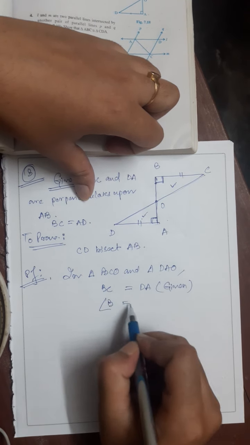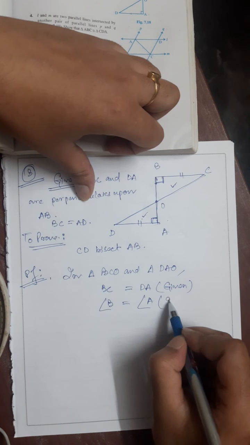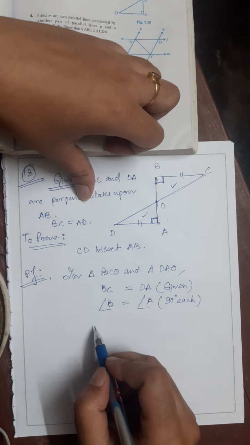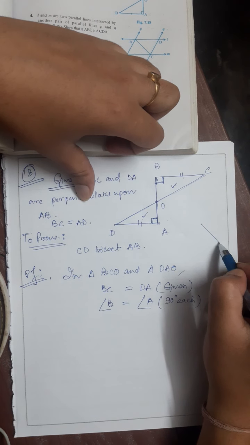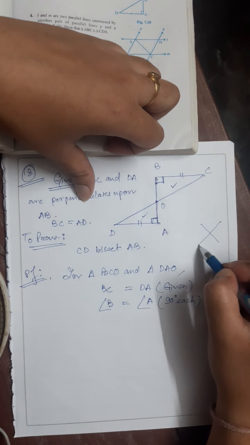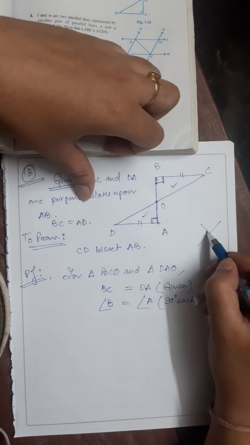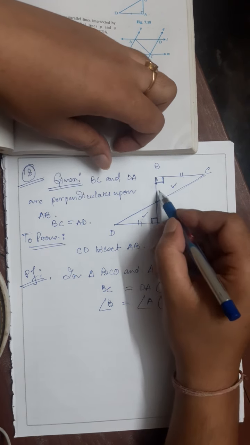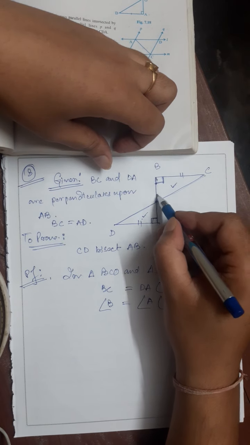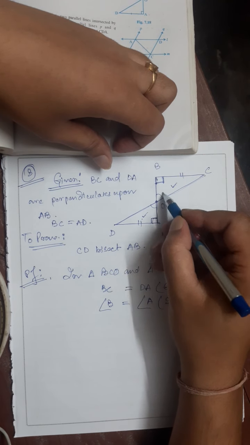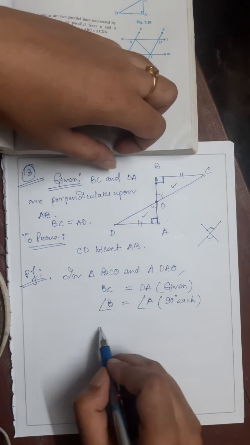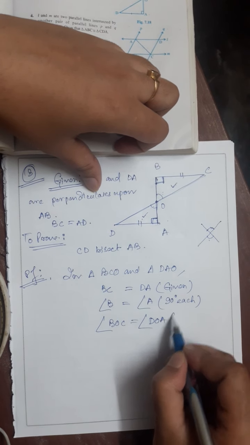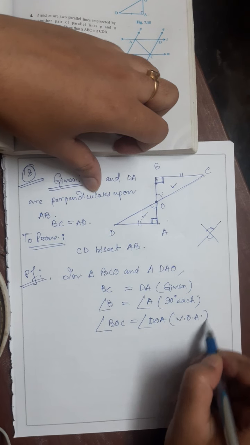So angle B is equal to angle A, 90 degrees each. Third point, you have already learned in chapter 6 that whenever two lines intersect each other at a point, then the vertically opposite angles are equal. You can apply this here. These two lines intersect, so this angle will be equal to this angle. These are vertically opposite angles. So angle BOC is equal to angle DOA, vertically opposite angles.